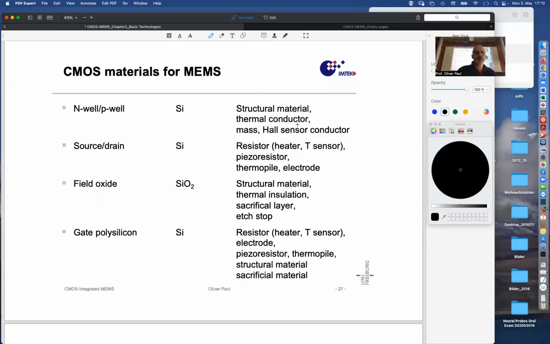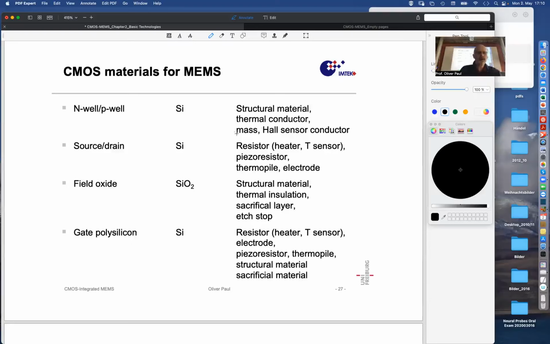But it can also be a thermal conductor, because silicon conducts well. It's probably not going to be a membrane of a thermal sensor, because whatever thermal things happen will be smeared out very rapidly by thermal diffusion.